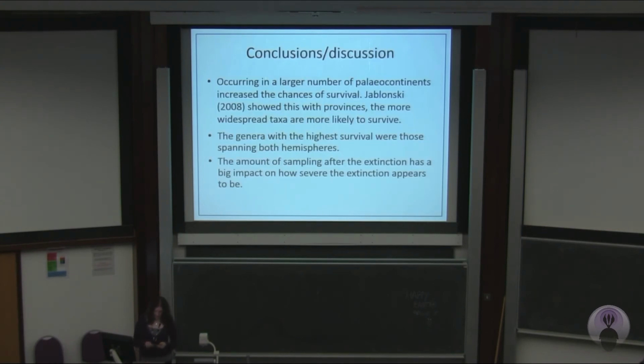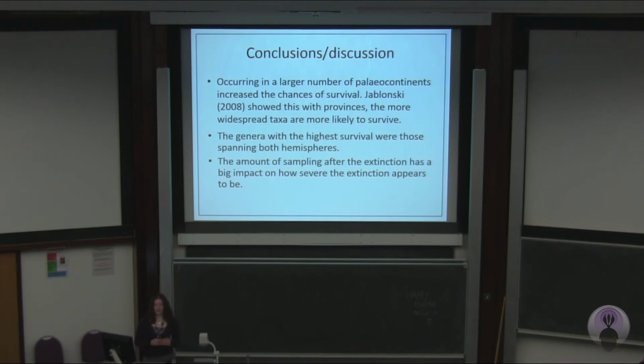So to conclude, looking at the geographic range by looking at the latitude and the paleocontinents, you can see that the things that have really large ranges are much more likely to survive the extinction compared to those that have smaller ranges.